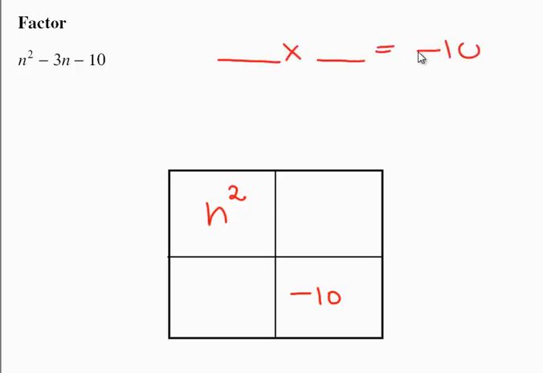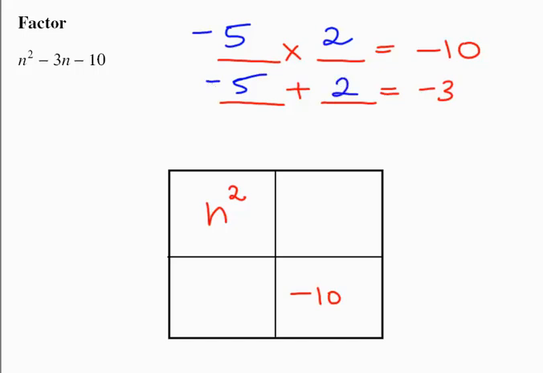So the two numbers I'm looking for also have to multiply to negative 10, and when I add them together, I want to get negative 3. The two numbers that multiply to negative 10 but add up to negative 3 are negative 5 and positive 2. So the two terms that I have are negative 5n and 2n, and if I combine them, I do get negative 3n.